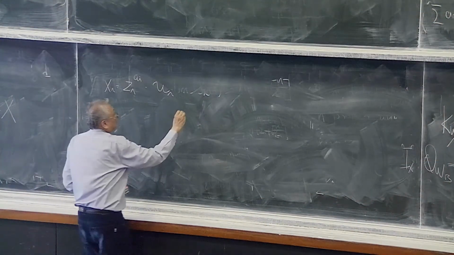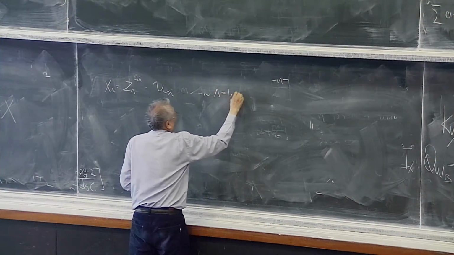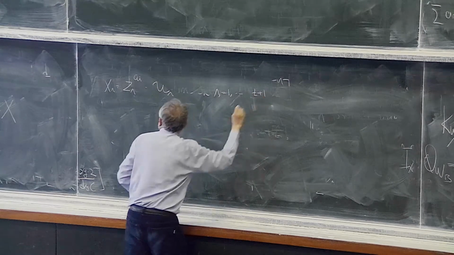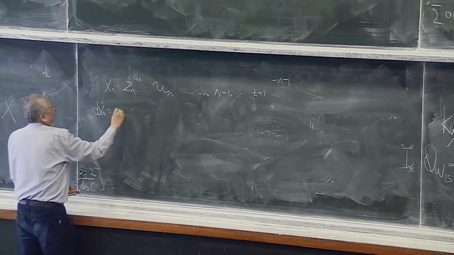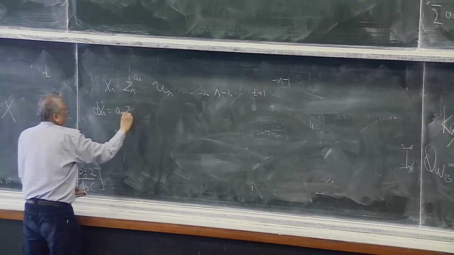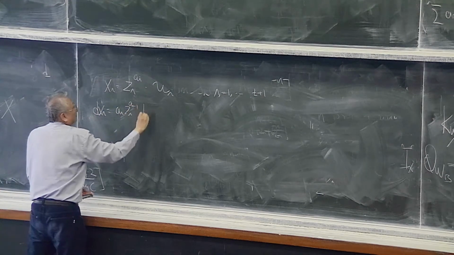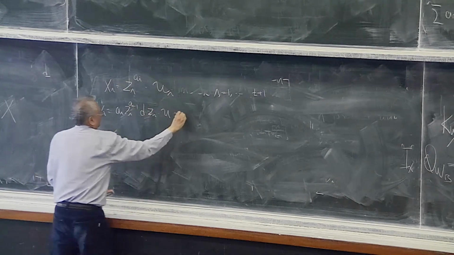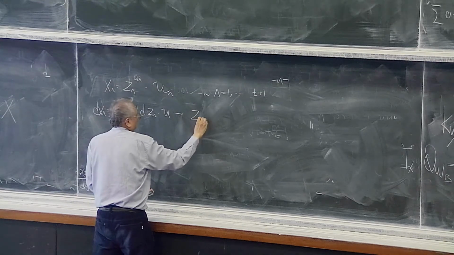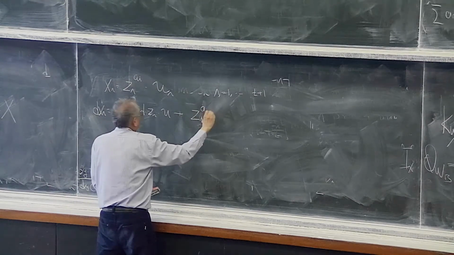This is true for i equal 1 up to t plus 1. And now you look at dx_i, which is a_i c_1 to the a_i minus 1 u plus c_1 to the a_i du_i.